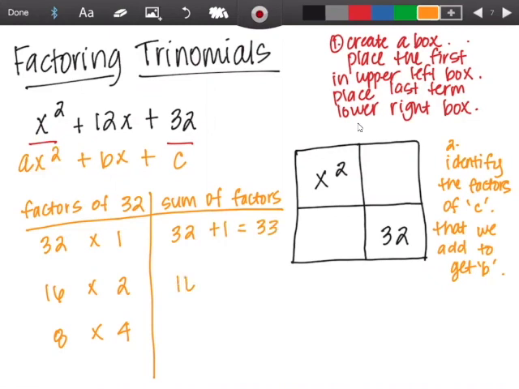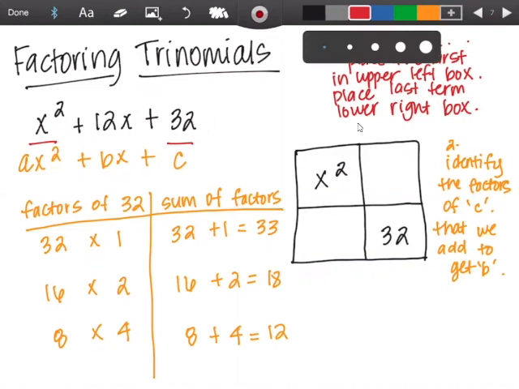If we say 16 plus 2, we get 18. And if we get 8 plus 4, we get 12, right? Now, we know that 8 times 4 is 32, 16 times 2 is 32, 32 times 1 is also 32. But which one of these sets of factors would give us 12?